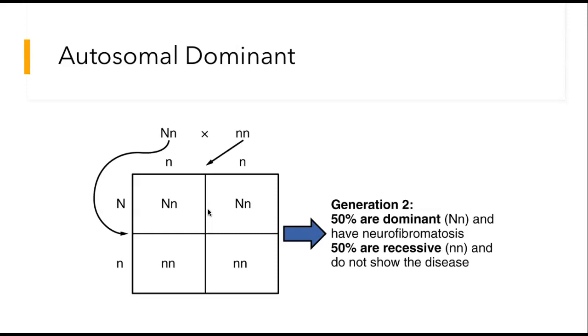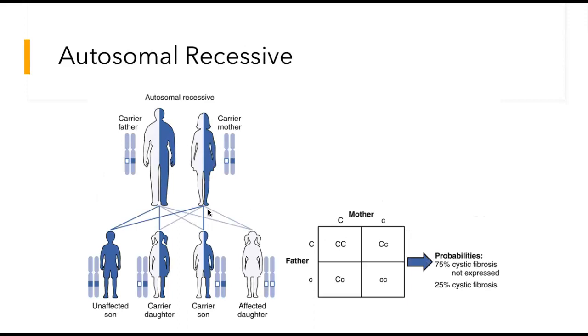You will be recessive. If it is autosomal recessive, what that means is you need two copies of the trait in order for the phenotype to show. So the mother and the father could both have the trait but not be sick. Let's say this is cystic fibrosis. They could be what is called carriers, where their phenotype is normal, but their genotype carries the trait for cystic fibrosis.